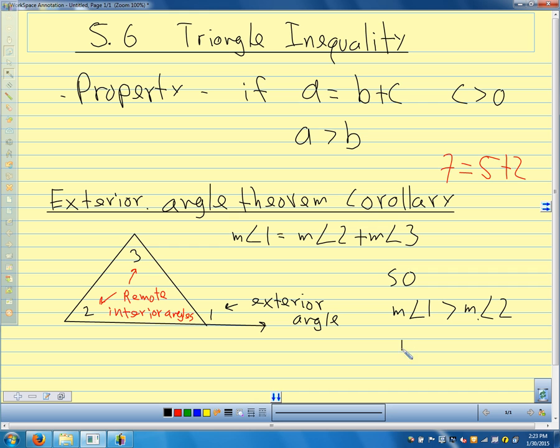So what does it tell? Also tells us measure of angle 1 is greater than measure of angle 3. That is our exterior angle theorem corollary. The exterior angle is bigger than either of the two remote interior angles. Yes?